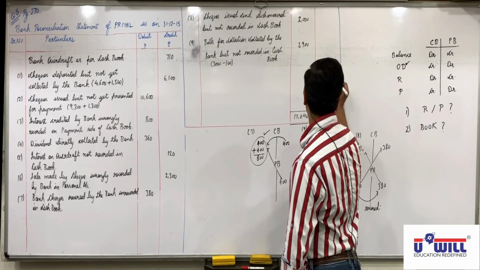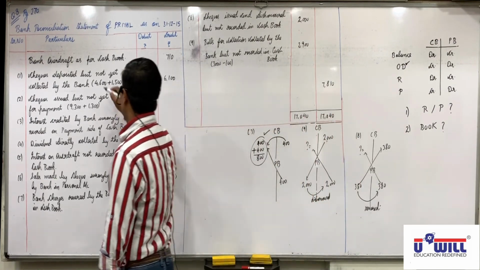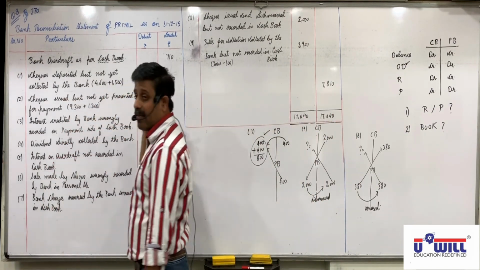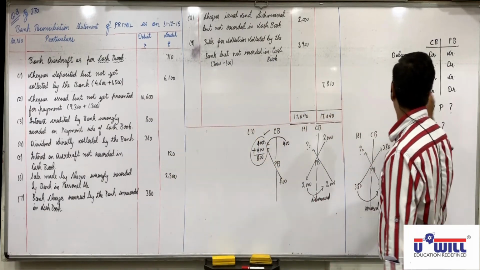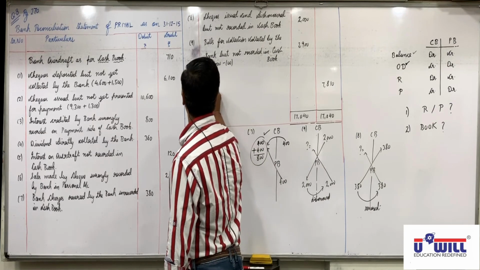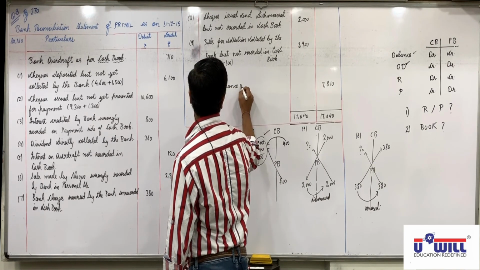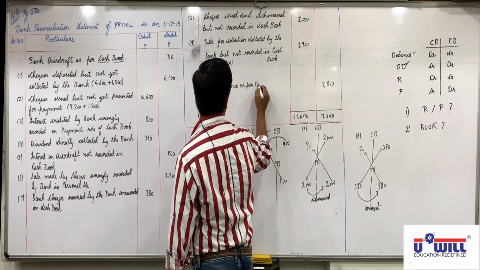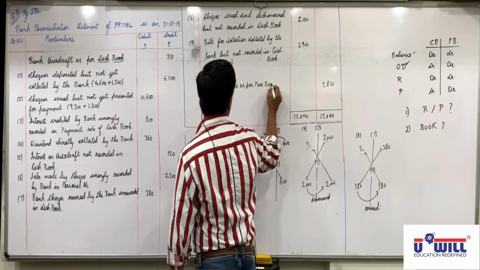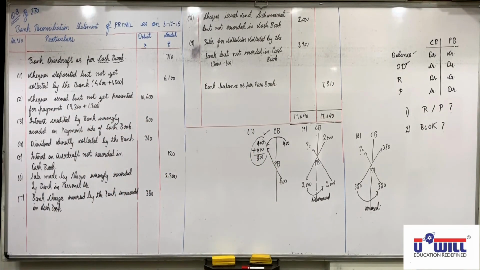Then 7,810. Now we started with cash book, so we will end with passbook, and passbook's credit is called bank balance. So answer will be bank balance as per passbook. Did all of you understand this? Any doubts with it?